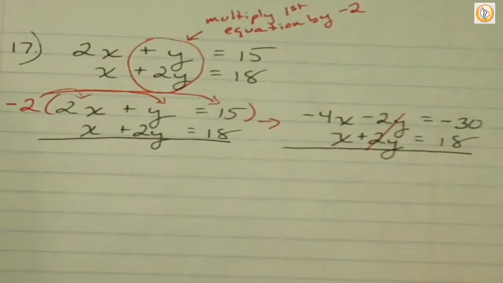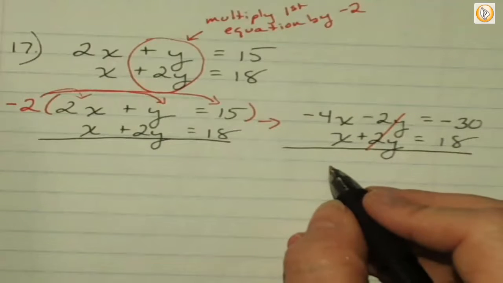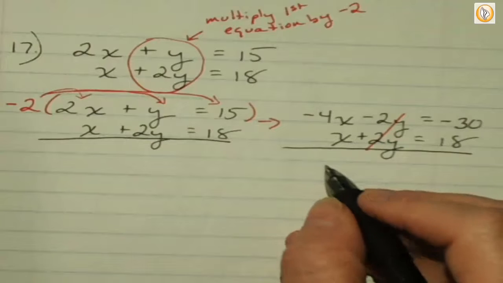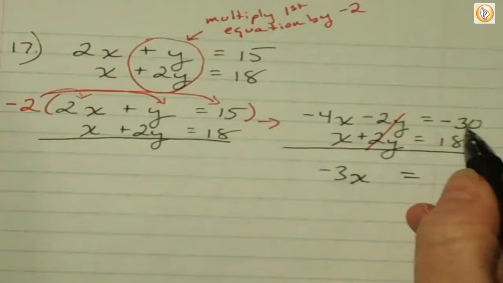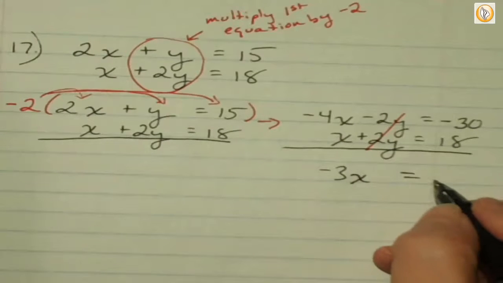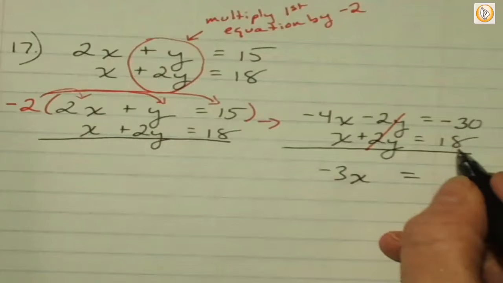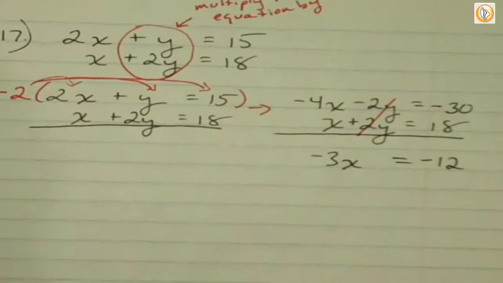Okay, so this I can cancel. -4x plus 1x is what, Aiden? -3x equals -30 plus 18 is what, Cecilia? Perfect. -12. Good job. Good job.